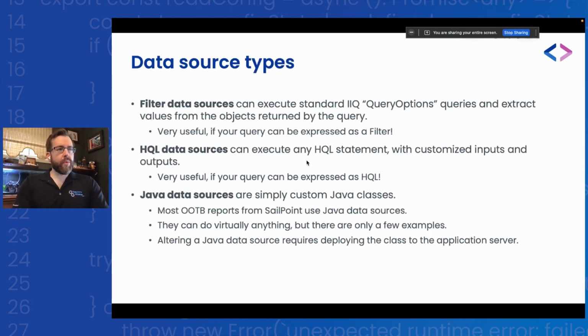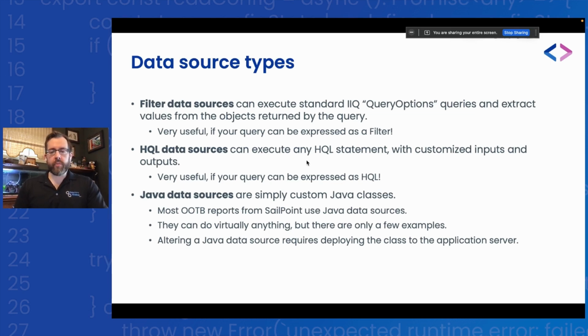On your report, you would need to specify a data source, and there are 3 of them provided in SailPoint. You have filter data sources, so these are basically going to execute something that you normally would put into a query options. So name equals this, and links.name, links.application.name in this set, kind of a thing.